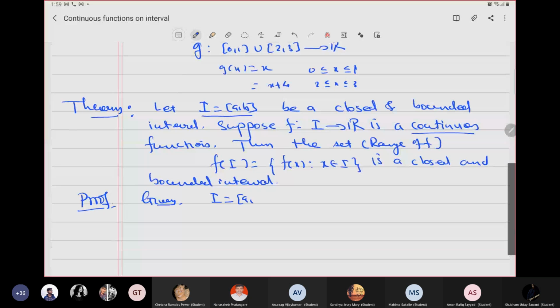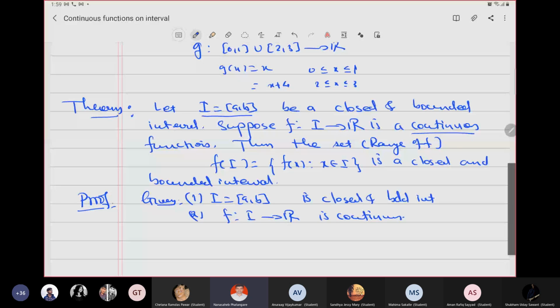Yes, sir. So what is given? The domain is a closed and bounded interval. What is the second thing? f from I to R is continuous. Then what is our claim?